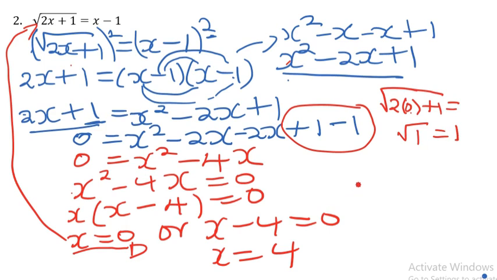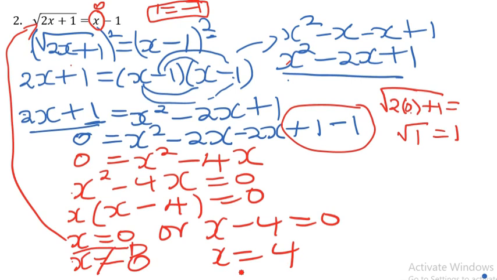Now, if you write 0 on the other side, it means you will have 0 minus 1, and that will give you minus 1. So at the end, we will have 1 is equal to minus 1. These two are not equal. Therefore, we will say that x should not be equal to 0.